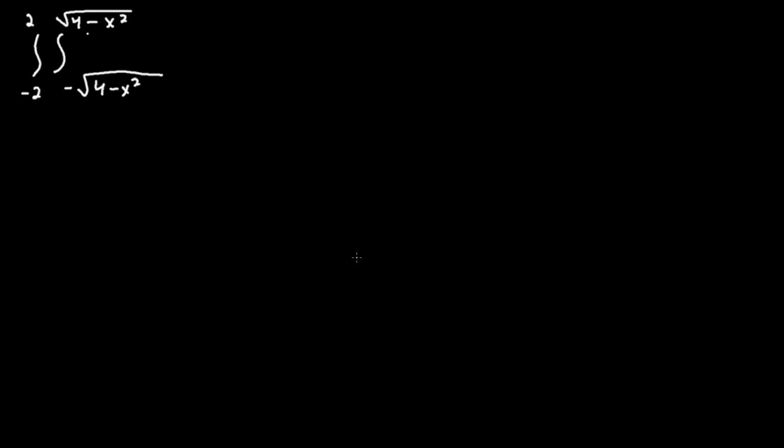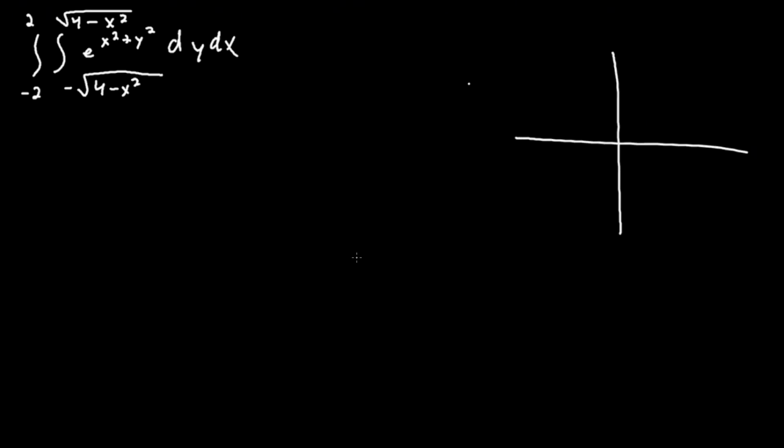So this is just a circle with radius 2. And our function is going to be e to the power of x squared plus y squared of dy dx. And all I have to do is draw out our circle with the radius 2 and just shade it in.